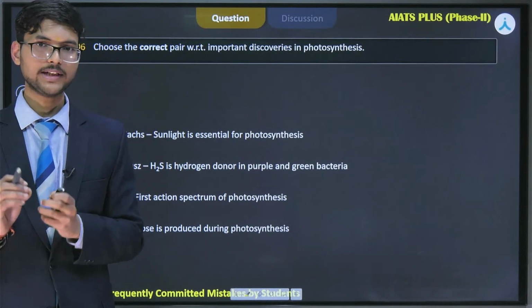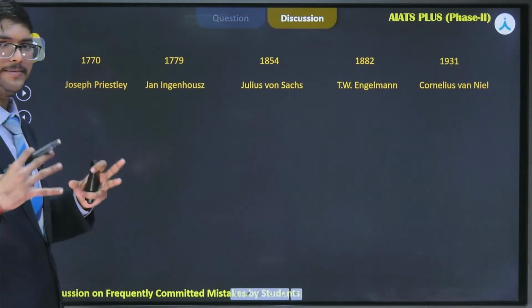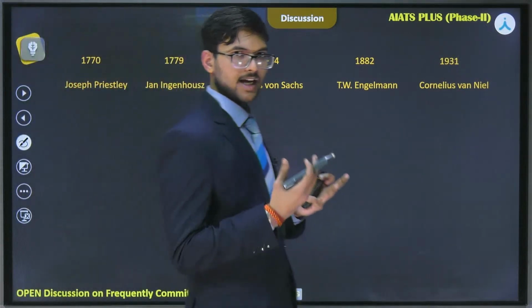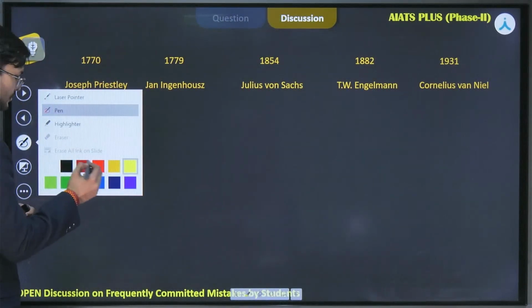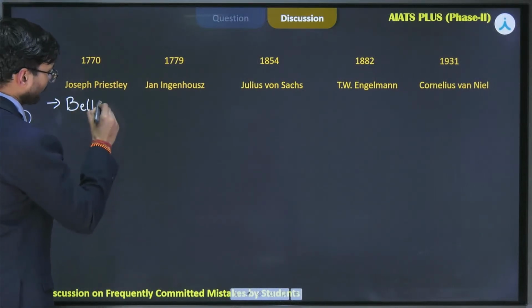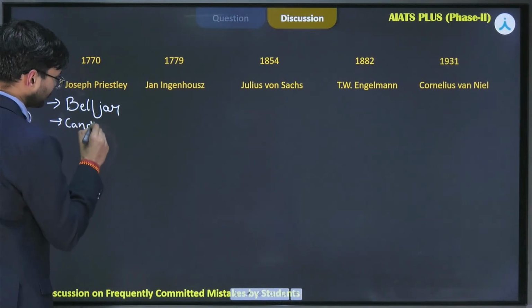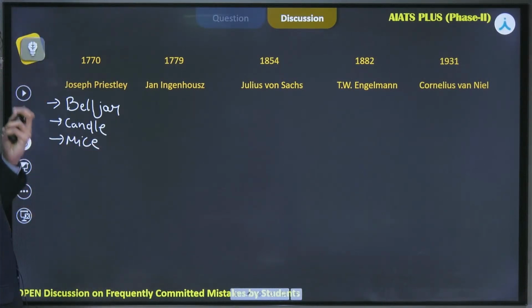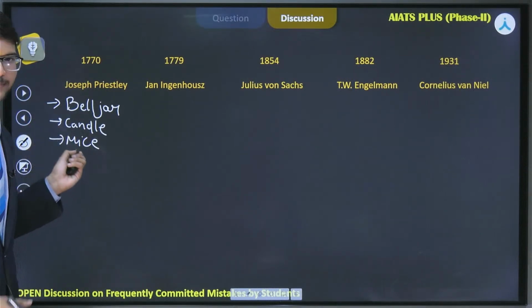Okay. Are you ready for the history? Let's see. Around 1770, Joseph Priestley used a bell jar, a candle, and a mice to identify his experiment.